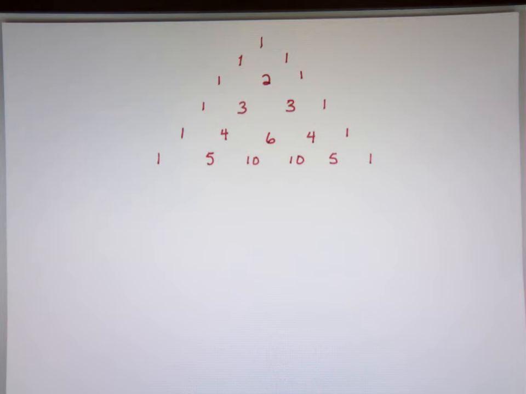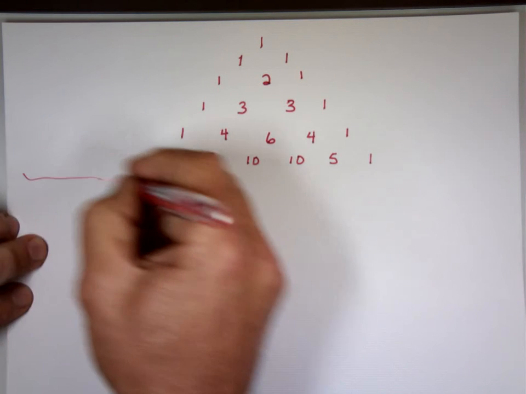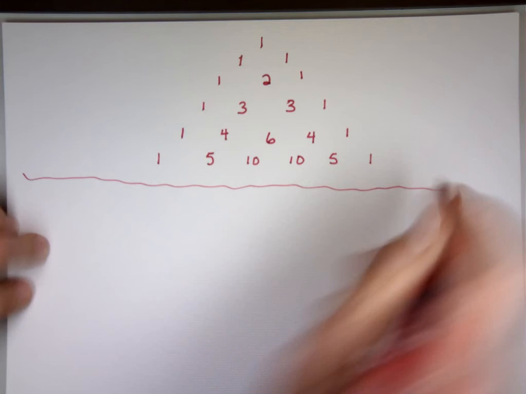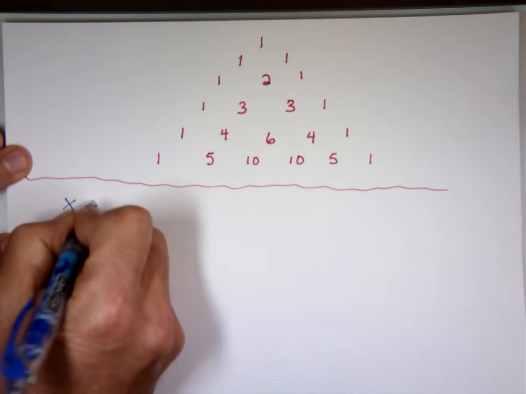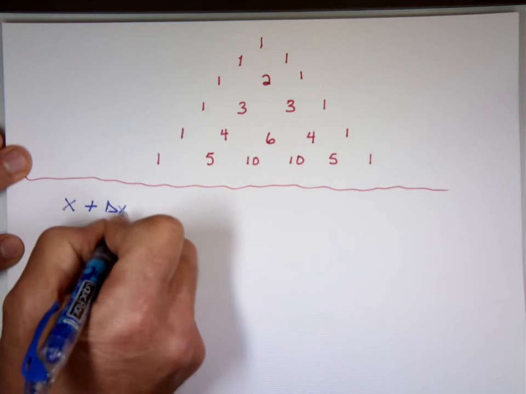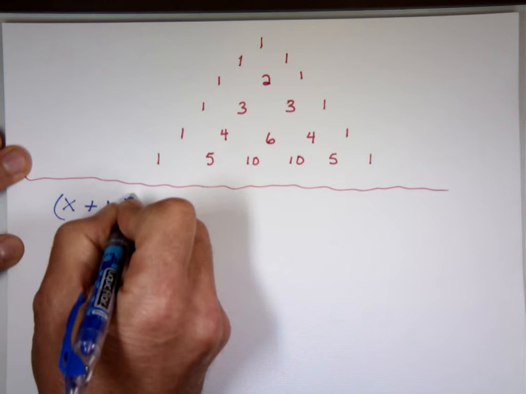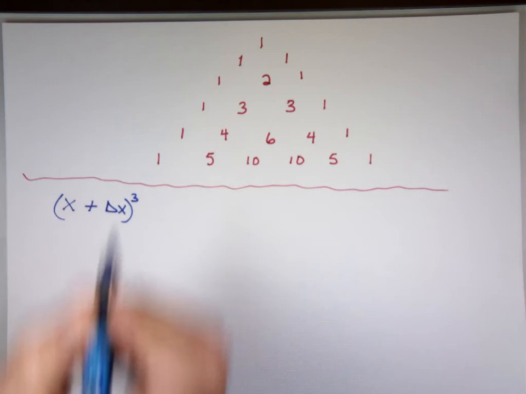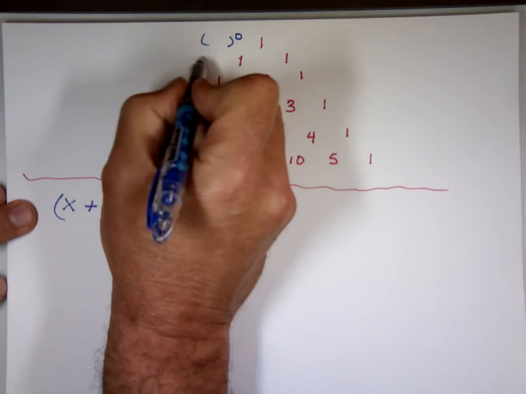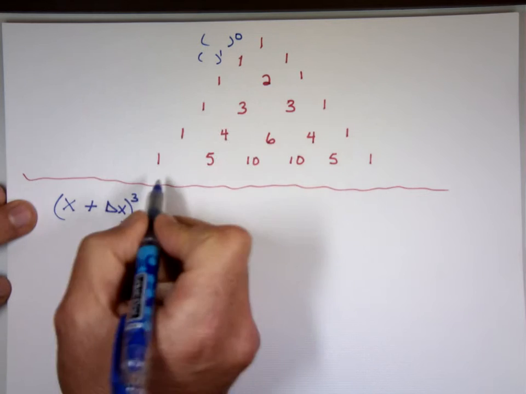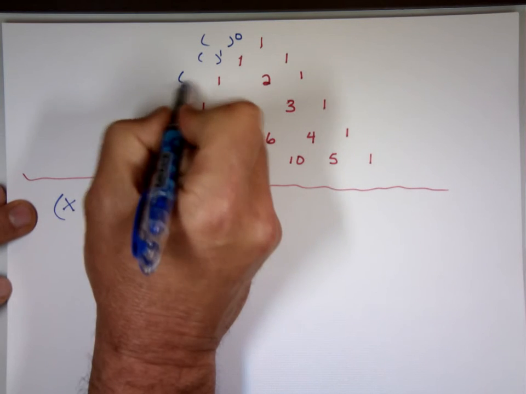How is that going to help me find the answer? You had x plus delta x to the third. The power is 3. This is when the power is 0. This line, line 2, when the power is 1. This line when the power is 2.